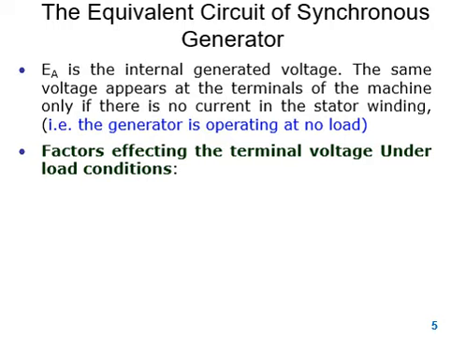If there is no load connected, there would not be any current passing through the stator winding, and then E A would be equal to E flux. E flux is basically the output voltage.